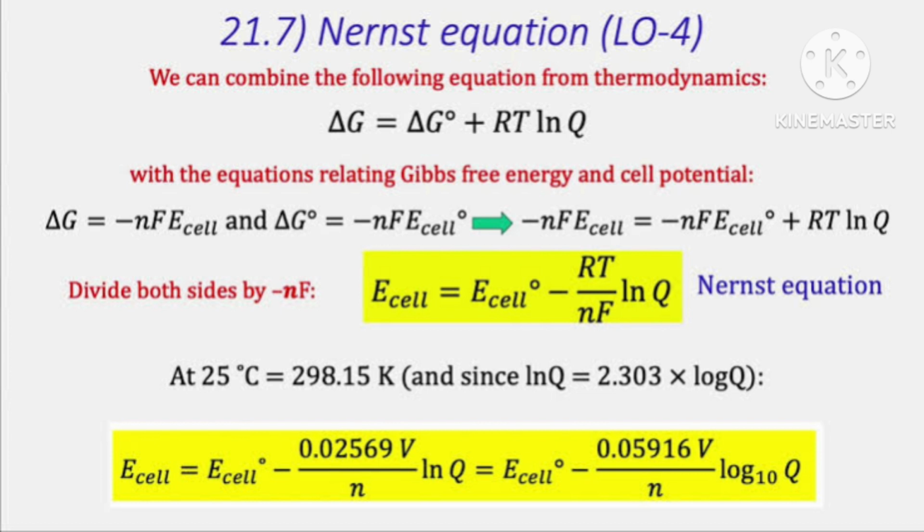As for example, in the Daniell cell, or you can say the Zn copper cell, its value is experimentally determined as 1.1 volt. Means here Kc, log Kc, its value is 1.1 volt.